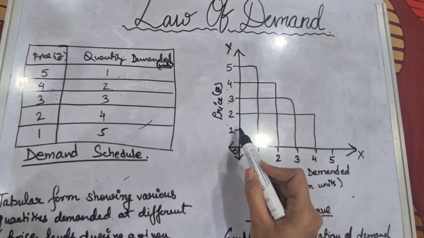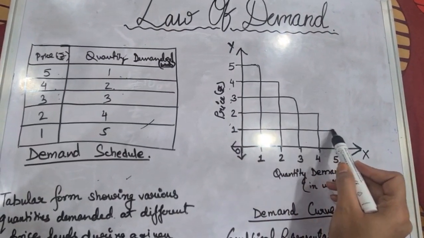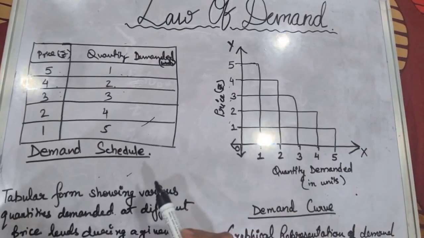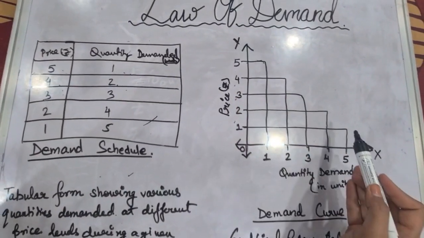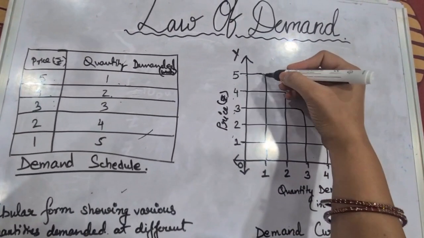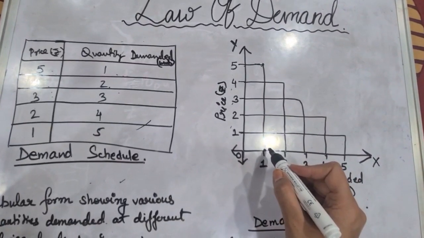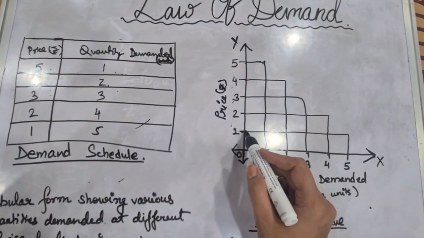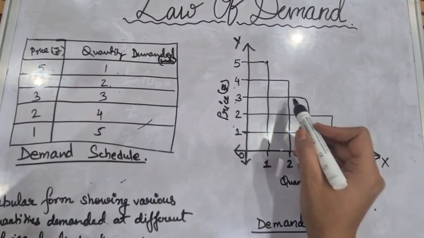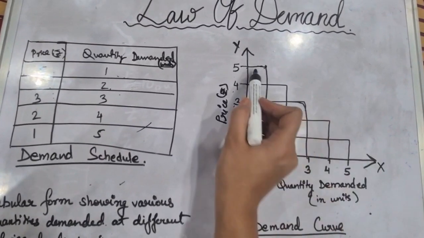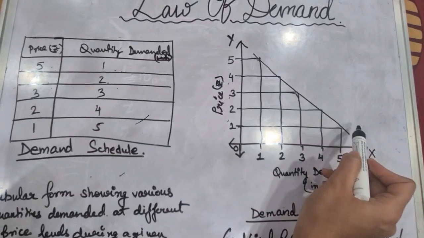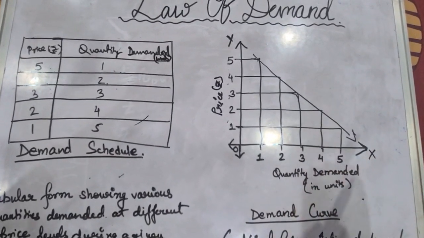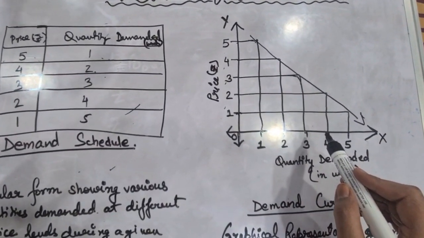And when the price goes to 1, it becomes 5, the maximum quantity. So you can see here, when the price rises, the demand falls. When the price is 5, the quantity is least demanded, and when the price is 1, the quantity demanded is the maximum. So if we join these points, we get a straight line sloping downwards. So this is the demand curve.